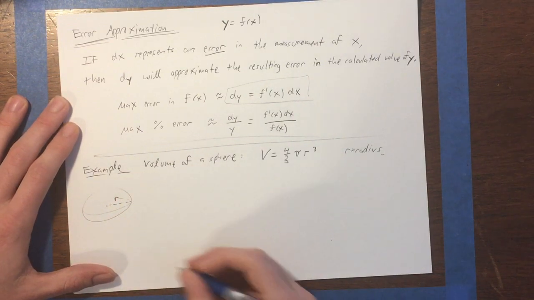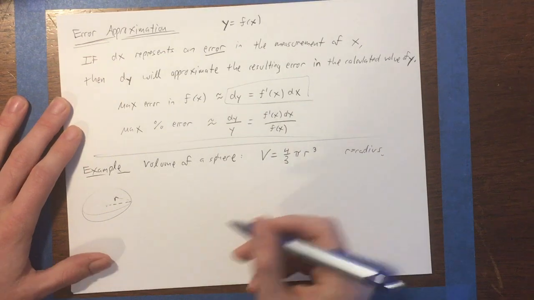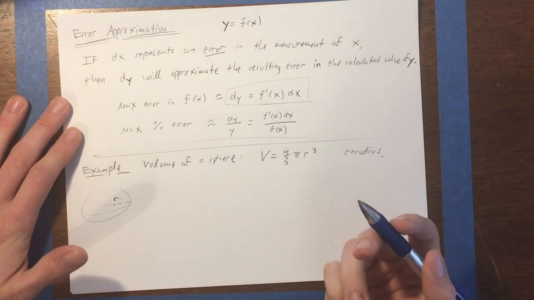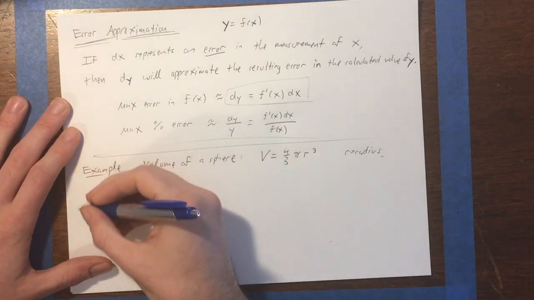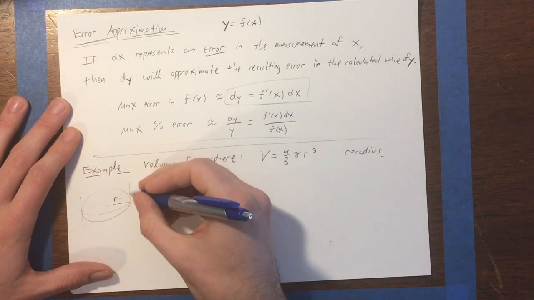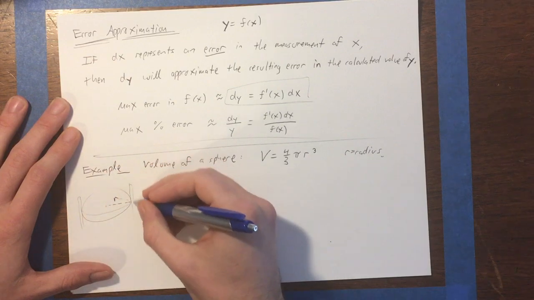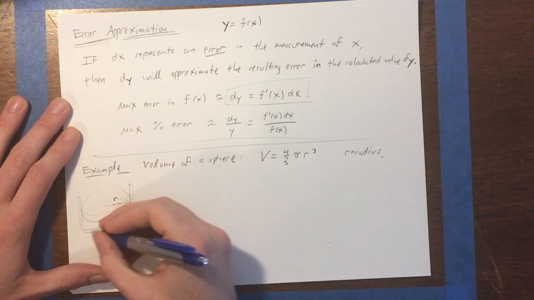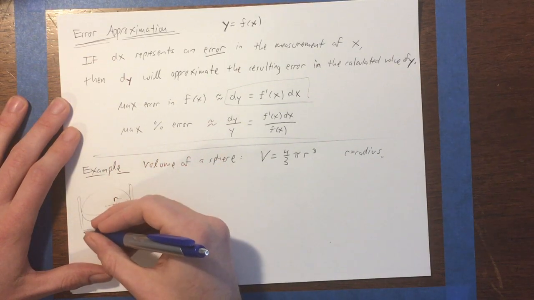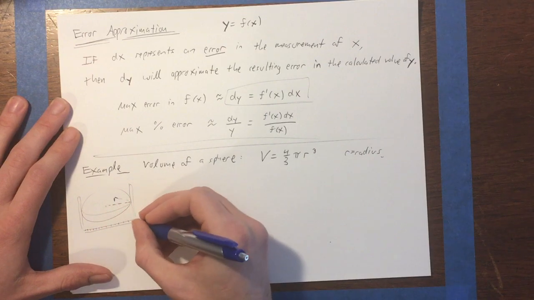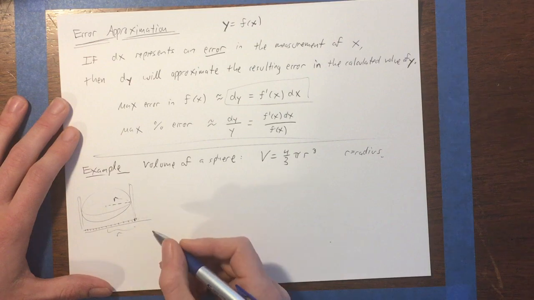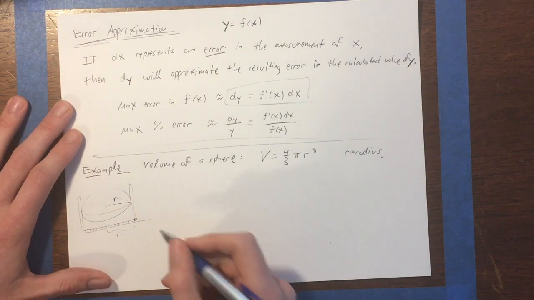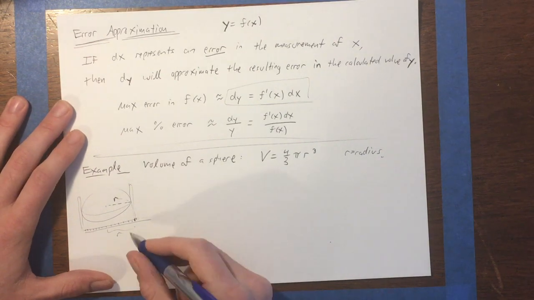Measuring the radius of a sphere is kind of hard to do because, where do you put your ruler? You kind of have to use something called calipers, where you measure the diameter by having these be parallel to each other, and then here's your ruler, and you can measure the diameter like that, and then just cut that in half and get your r. Okay, so we use our calipers and measure the diameter to get the radius.